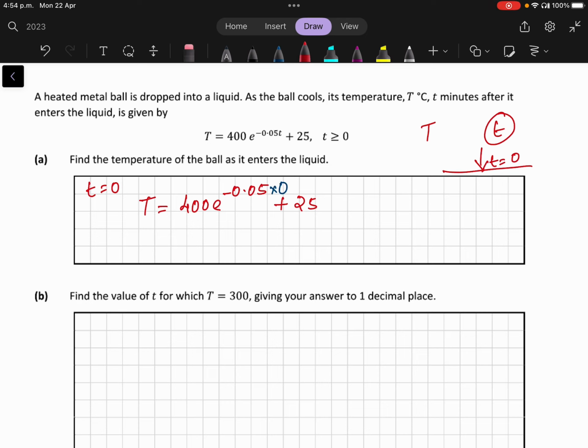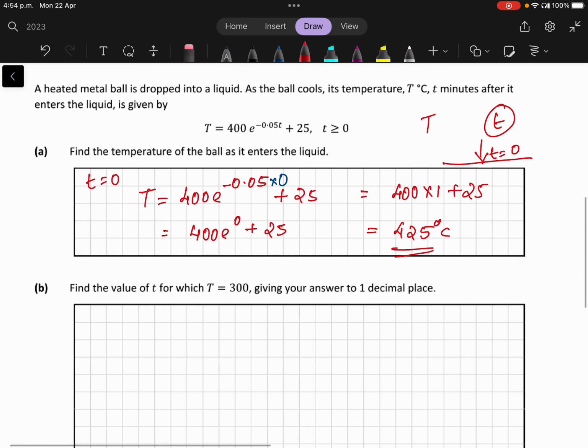I'm just writing it in a different color, which will be easy for you. So 400 e to the power of 0 plus 25, e to the power of 0 is equal to 1. So that is equal to 400 times 1 plus 25, which is equal to 425 degree Celsius. Okay, so that is the first one.